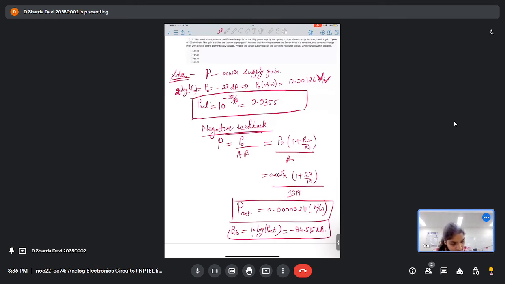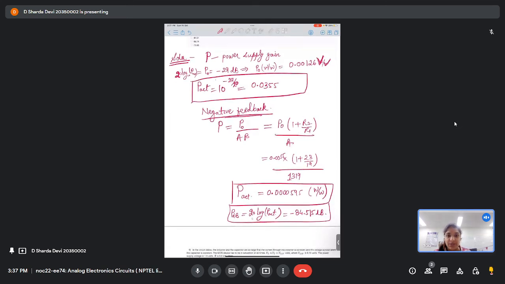So this answer turns out to be 0.0004595, and when we go for 20 log 10, the answer turns out to be 84.51 decibels. Yes, now it comes out to be 84.51 decibels.